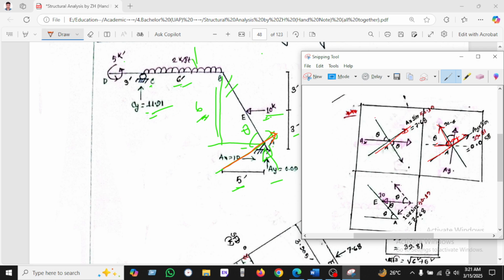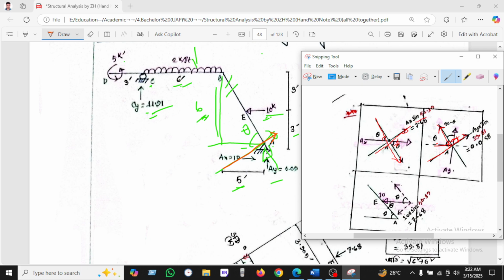And another is this frame, which passes through, all are perpendicular, and we know this is theta. So if this is theta, then it will also be theta. We know the component of theta is cos theta. On the other hand, the opposite side of theta will be sin theta.